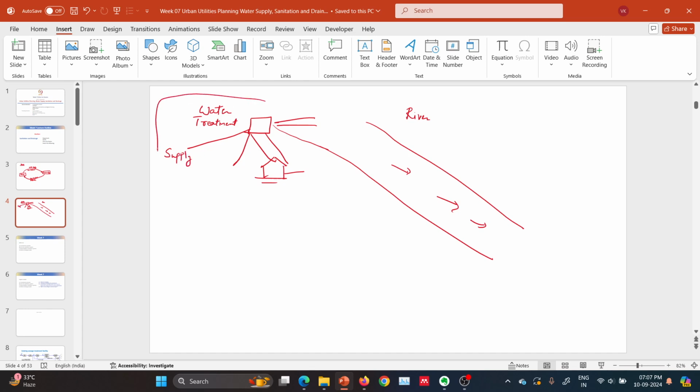So this whole community will generate wastewater. And that wastewater we can't directly dispose of. So we will treat it in a wastewater treatment plant.